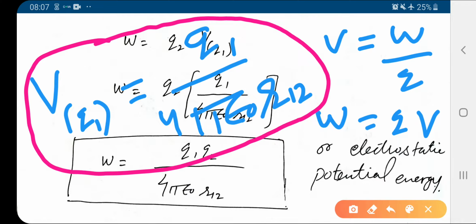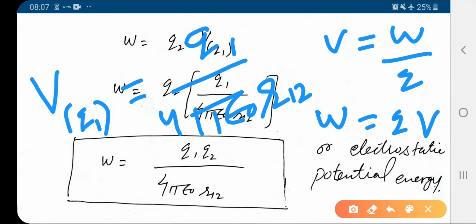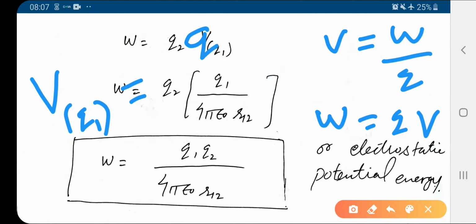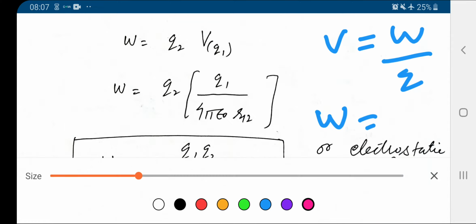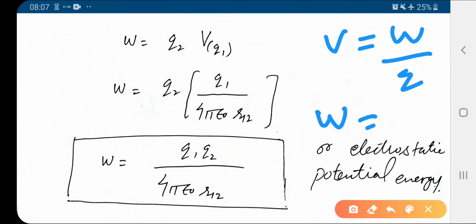So using this, work is charge into potential.